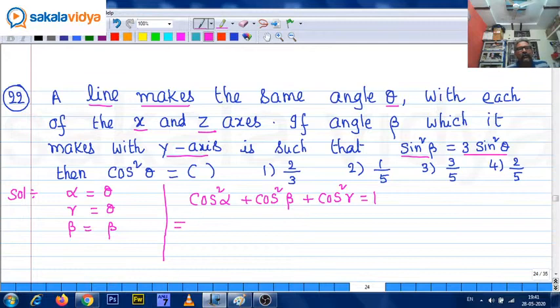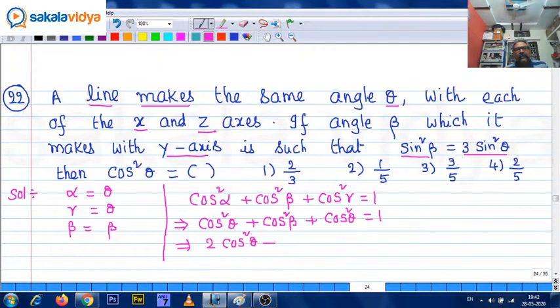So now alpha we can write as cos square theta, beta we need to find out, gamma is also theta, cos square theta equals to 1. So now this is 2 cos square theta plus cos square beta. Change this cos square beta in terms of sine: 1 minus sine square beta equals 1.